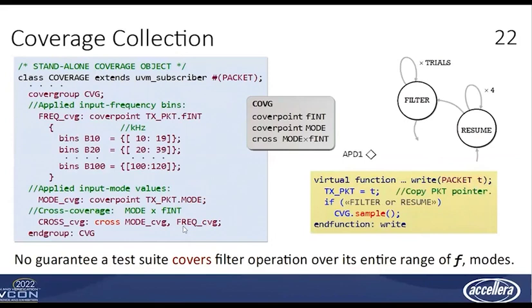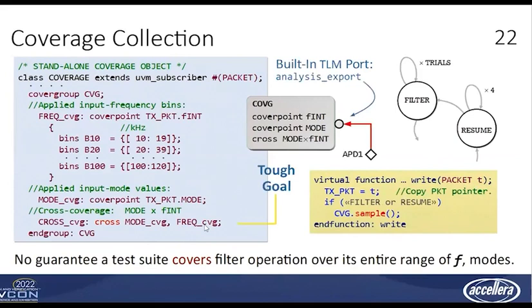The tough goal is to cover the cross coverage, a total of 8 times 6 bins, 48 in all. And we want to be sure we only gather metrics during normal filtering operation in these 2 states, filter or resume. And that's where we call the built-in sample method to gather coverage from inside the driver's write method.